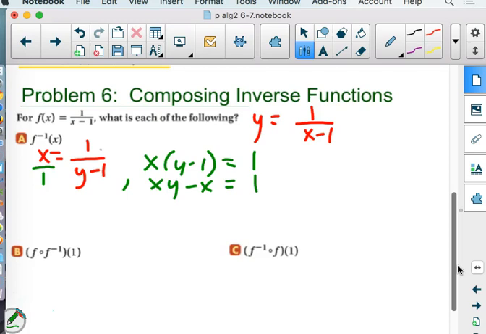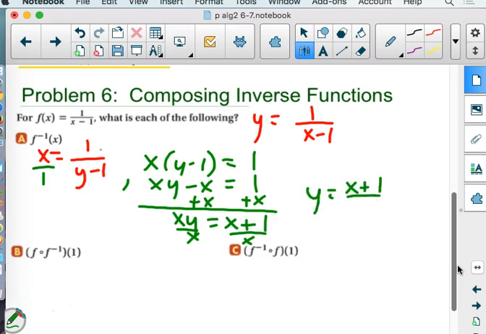This is where I said people get confused because there's so many variables. If this were a number, wouldn't you just add whatever it is? Then let's do that. Let's add the x. How would you get rid of whatever's in front of the y? You would divide. And then finally, they didn't want us to call it y. They said make it fancy. Make it f inverse of x.